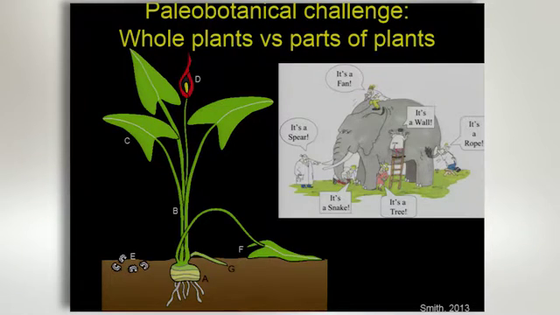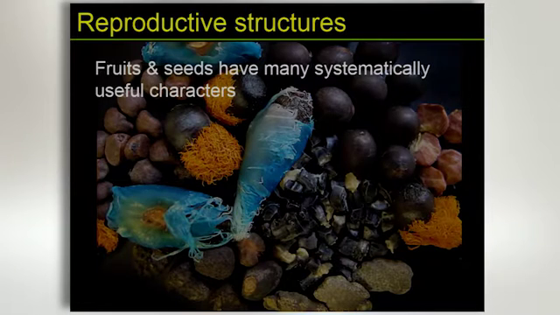So this can be a little bit of a problem, kind of like the blind man and the elephant, right? Depending which part we have, we might infer different things. So reproductive structures can be really useful because they tend to have a lot of characters. Since we're talking about angiosperms, that's fruits and seeds here, a lot of systematically useful characters.